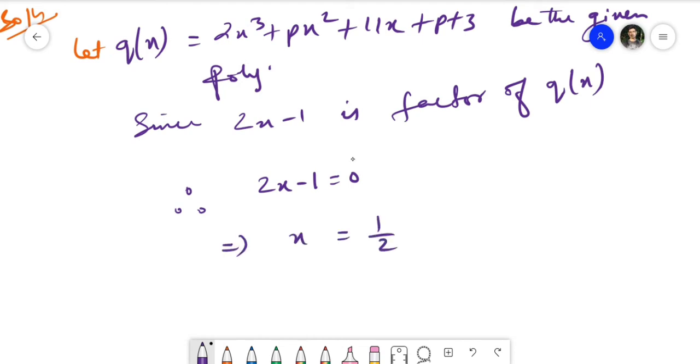If you remember the notes, we can write this directly. Just now we learned the theorem where we put the values, so we can find it from there and write directly it's 1 by 2.